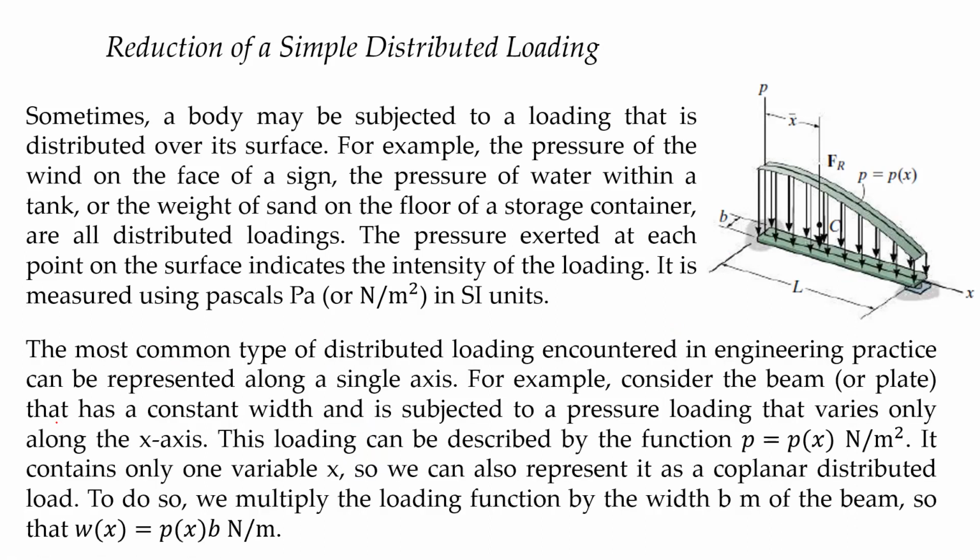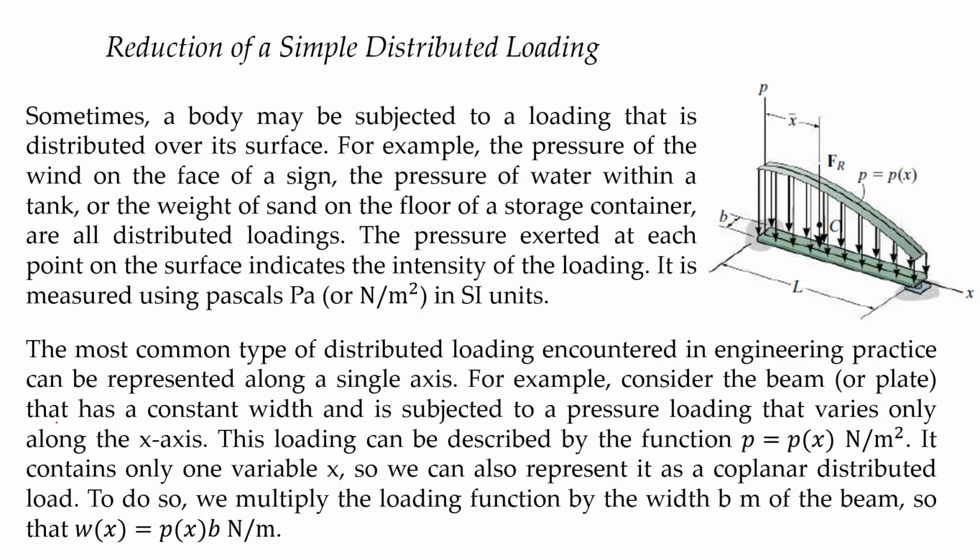Now, for example, consider a beam or plate that has a constant width and is subjected to a pressure loading that varies only along the x-axis. So it varies only in x, not in z. This loading can be described by the function p equals p of x, pressure as a function of length, which is in Newton per meter squared.